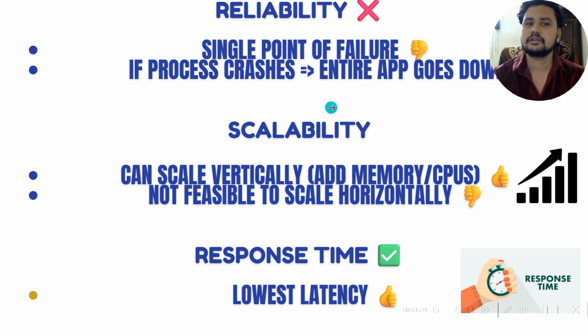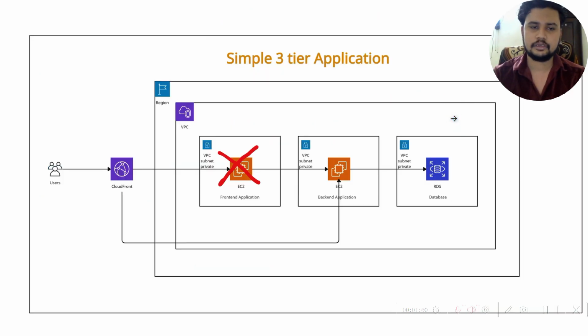First, we're gonna see reliability. Single point of failure. So why are we saying single point of failure? Let's consider your application is hosted on AWS. Here the users are trying to connect to your application. There's a CloudFront in between for content delivery to manage your workload and give it with less latency.